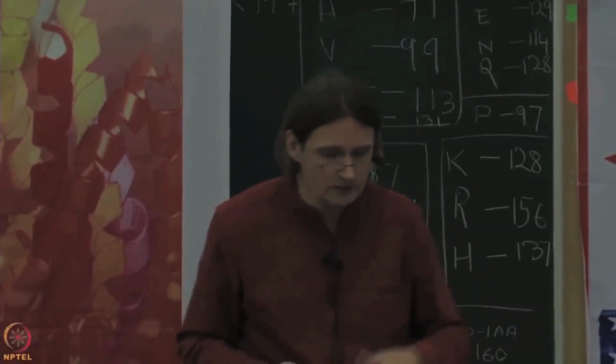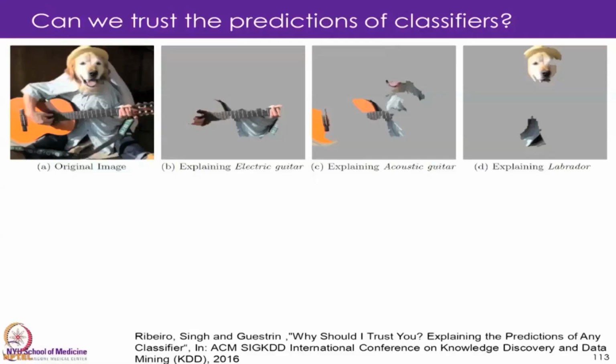Especially with images, here we have an image, and the neural network was able to say that it found an electric guitar, an acoustic guitar, and a Labrador. That sounds pretty reasonable.